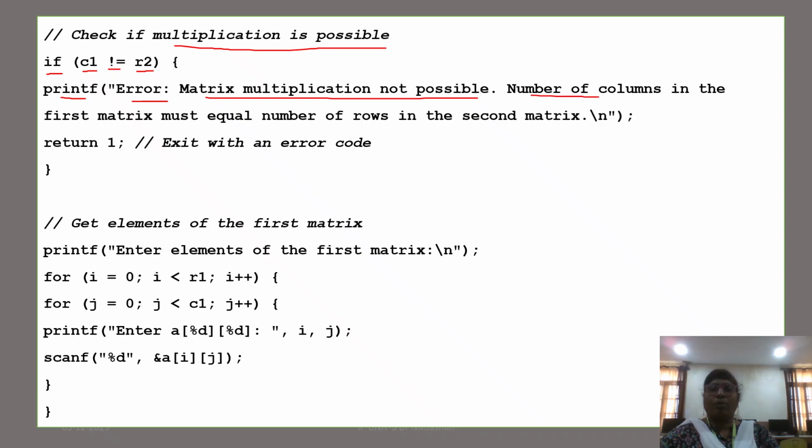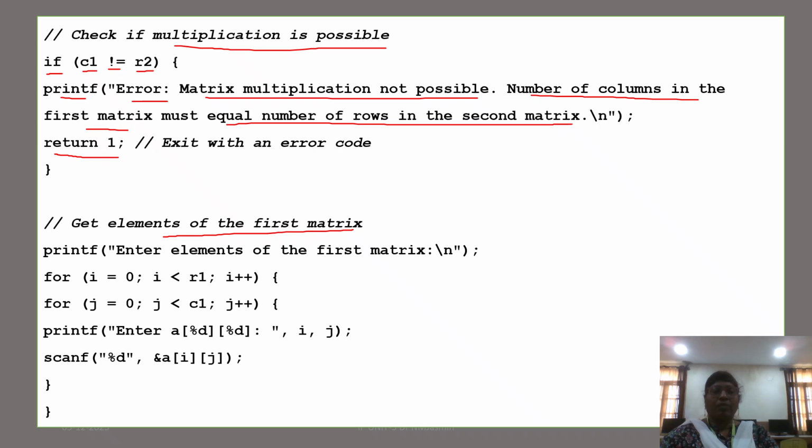So the number of columns in the first matrix must be equal to the number of rows in the second matrix. Got it? After that, as the error code occurs, we return 1. Then close the bracket.